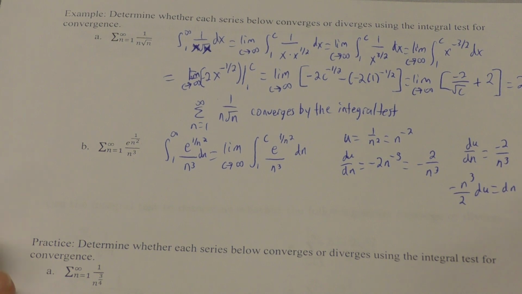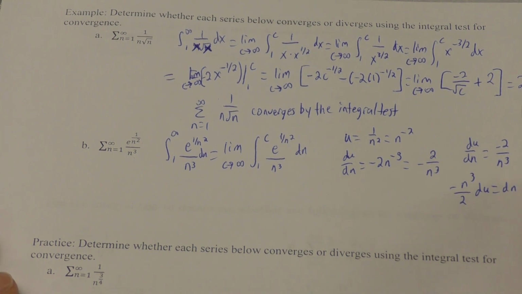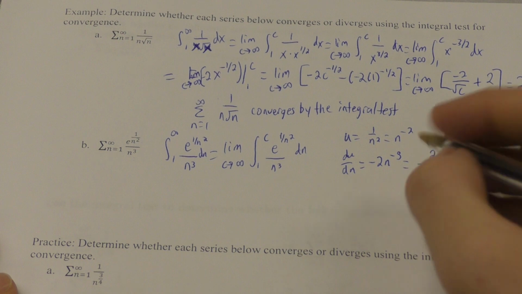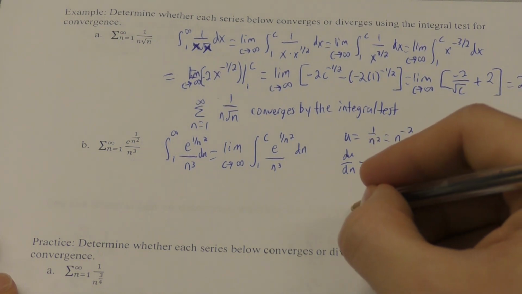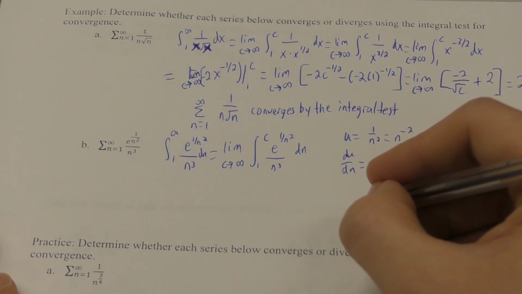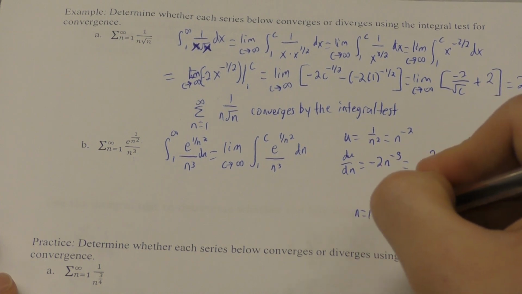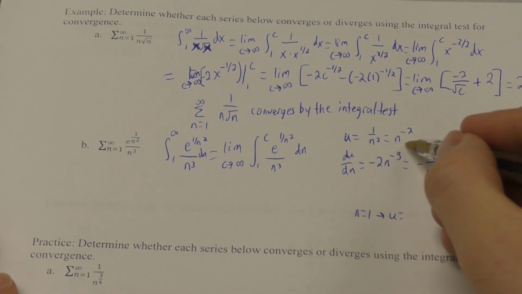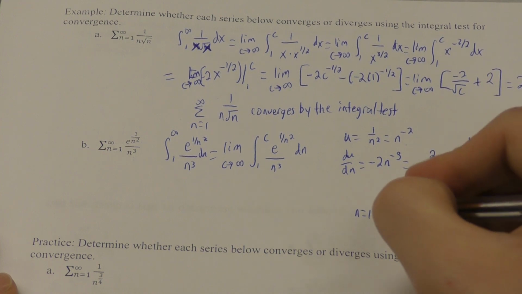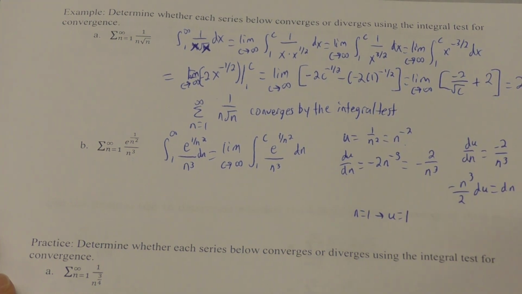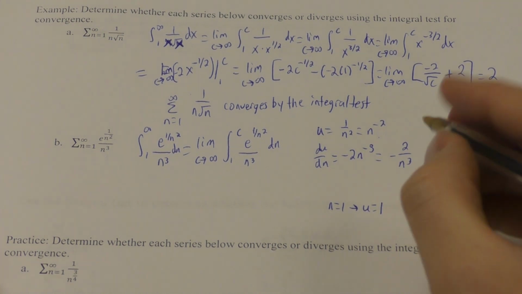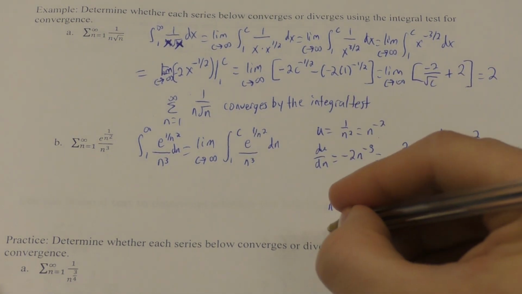I also know for u substitution I need to change my endpoints, right? By using my u formula here. So my endpoint when n was 1, my u equivalent is going to be 1 to the negative 2. Oh, it's actually also going to be 1. Alright. My upper endpoint was c.